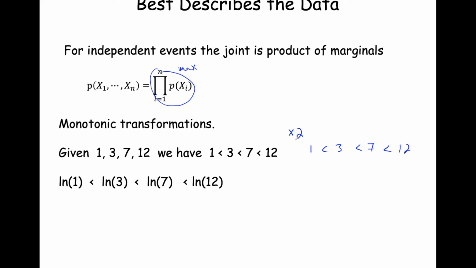Let's say we compute a transformation where we take every value and multiply by 2. The first term, 1, becomes 2. The second term, 3 times 2, becomes 6. The next becomes 14, and the next becomes 24.